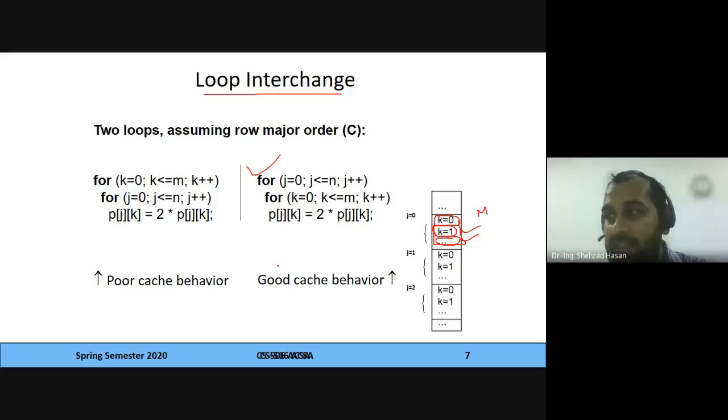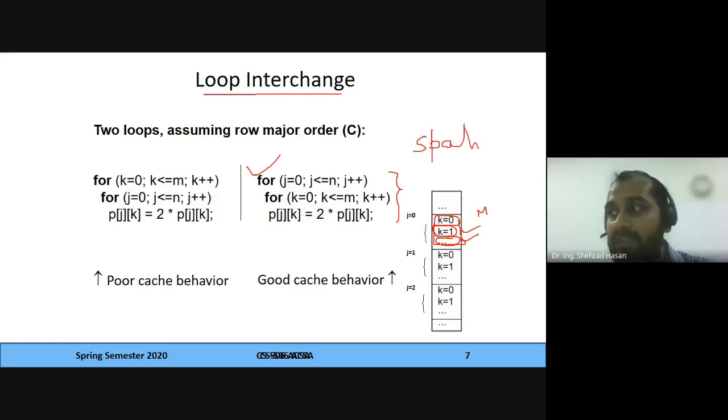So if you have a cache, then this program is going to be faster than this program, even though they both do the same thing, with the same number of operations. The way this one works, it fetches the elements keeping in mind spatial locality.